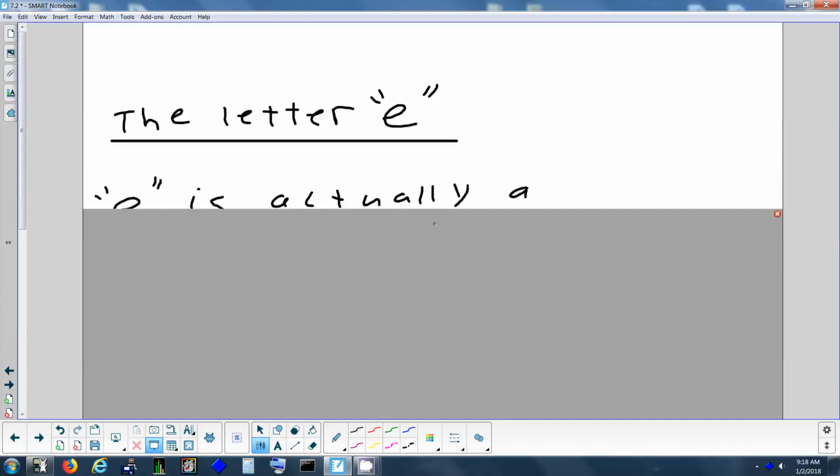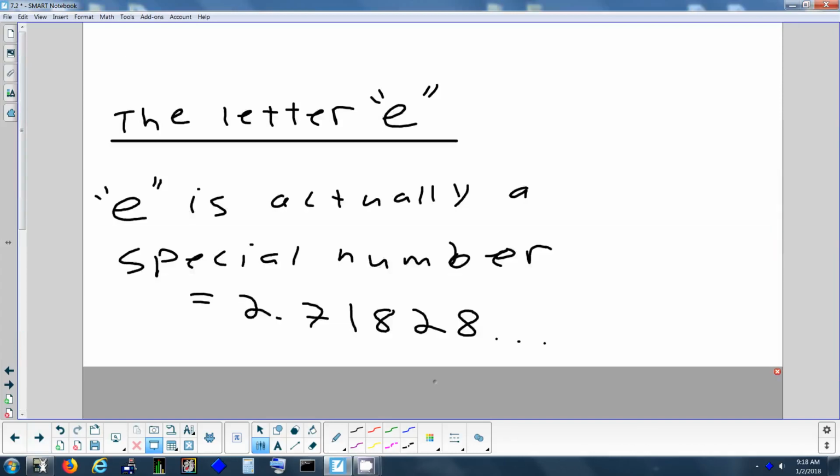Okay, so the letter E. E is an English letter, but in the context of logarithms, E stands for the number 2.718.